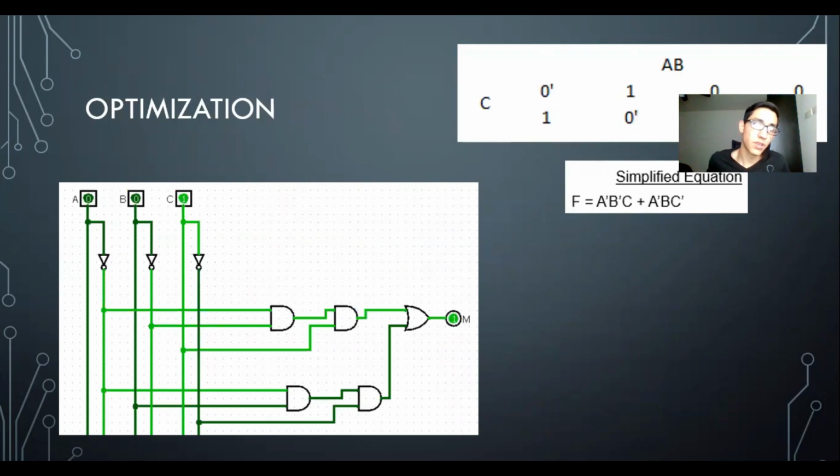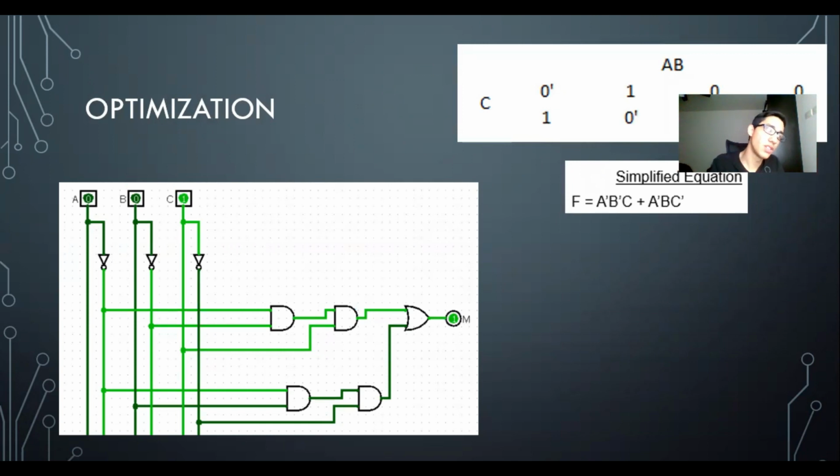Now, we started by optimizing the circuit. Although our previous circuit is not very complicated and doesn't use a lot of components, any optimization is welcomed. So we proceeded to do a Karnaugh map, and we came out with this equation.